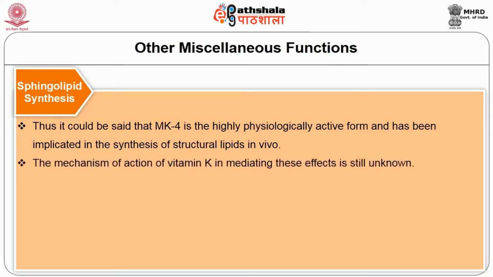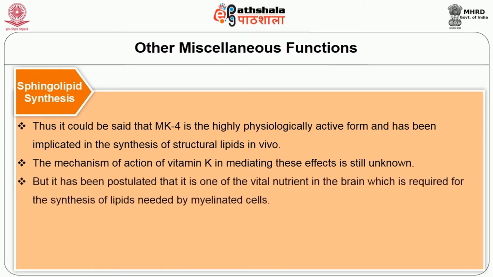The mechanism of action of vitamin K in mediating these effects is still unknown, but it has been postulated that it is one of the vital nutrients in the brain required for the synthesis of lipids needed by myelinated cells.